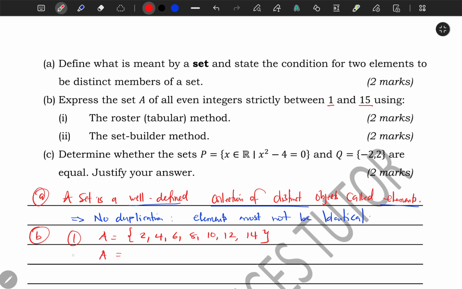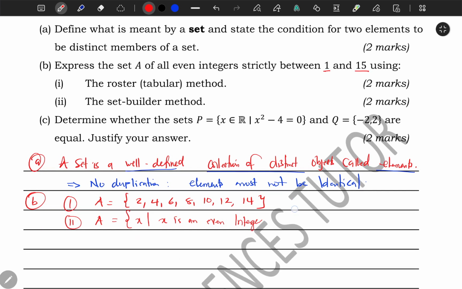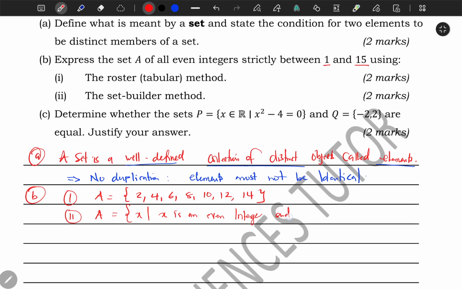Then the other one is number 2, using the set builder notation. So if we're going to use set builder notation, we are going to say x is such that x is an even integer, and x is between 1 and 15.